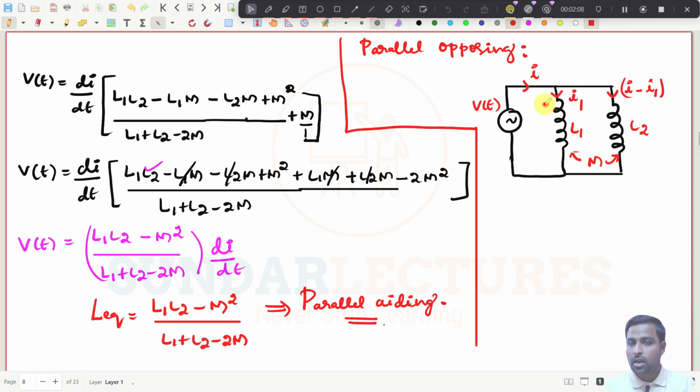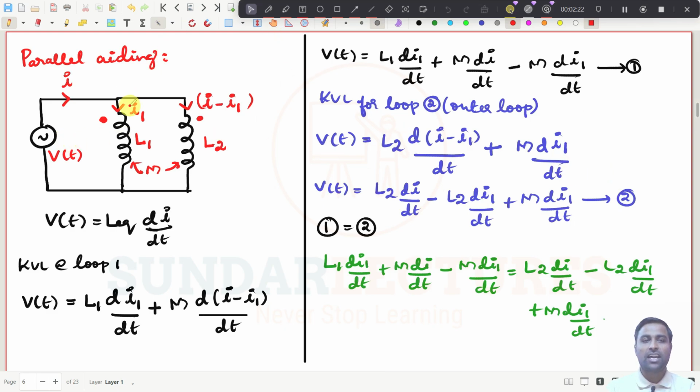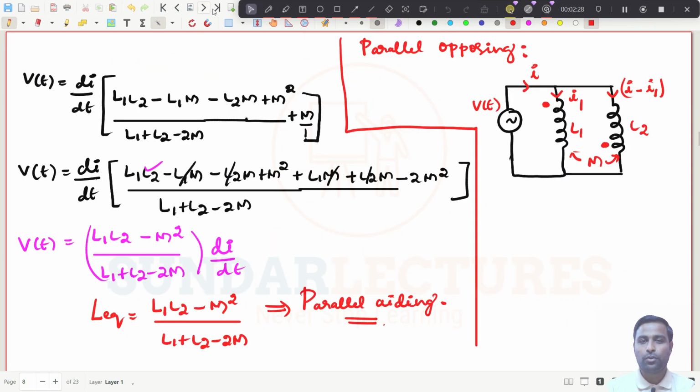See, this one is dot now, and this is dot. So what happens here? Current is entering, and current is leaving this coil, so this is opposing. If you do whatever we have done here, write the KVL expression, you need to find what is the L equivalent value. That is the whole idea. So if you do so, you will get V of t equal to L equivalent of di by dt.